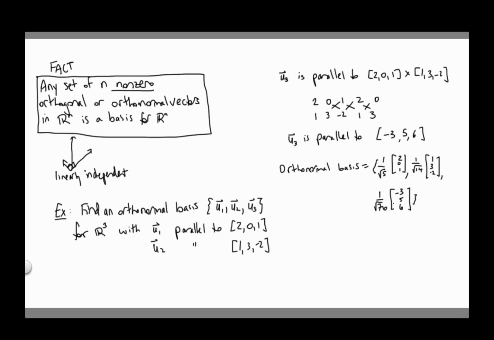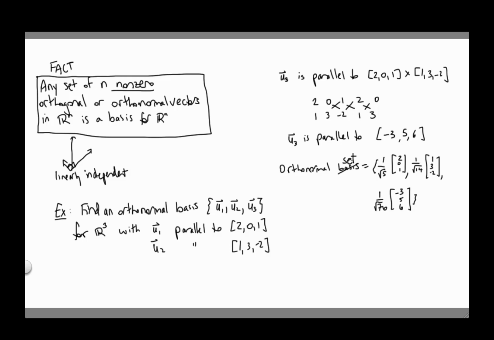Okay, in fact, if we're being really careful here, what we've done at this point is we've built an orthonormal set. So we can check that 2, 0, 1 and 1, 3, negative 2 are orthogonal to one another. That was just by design in the question. And then we've built this third vector that was mutually orthogonal to the first 2 by using the cross product. And then we normalized our vectors. So we've got an orthonormal set.